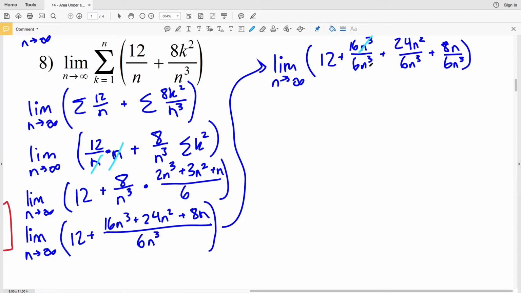Now my n cubed will cancel out with n cubed, and as n approaches infinity, because my highest degree in my numerator of my second term is smaller than the highest degree in the denominator, this term will go to 0. And again, looking at my third term from the fraction, because the highest degree in the numerator is smaller than the highest degree in the denominator, this will also approach 0.